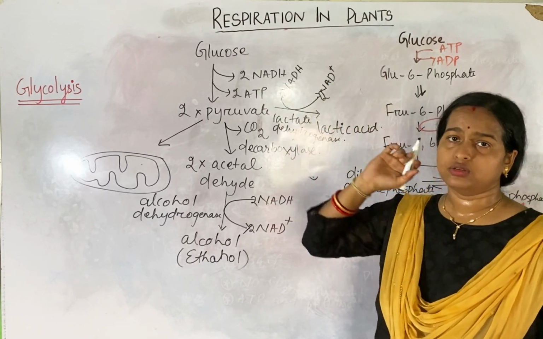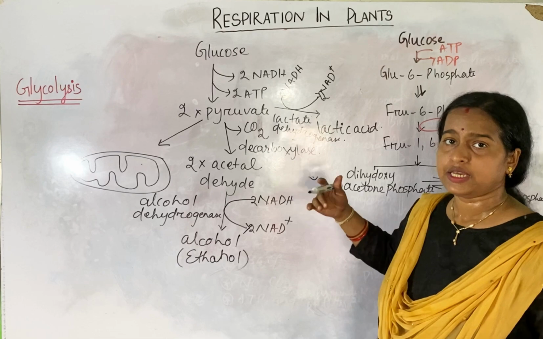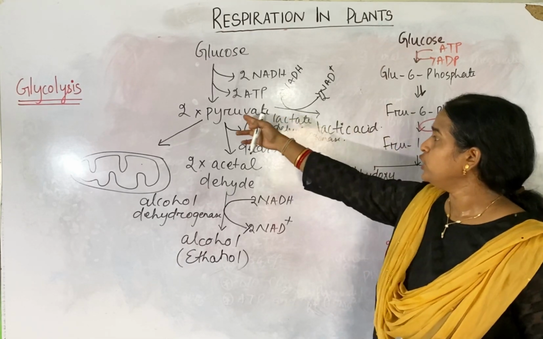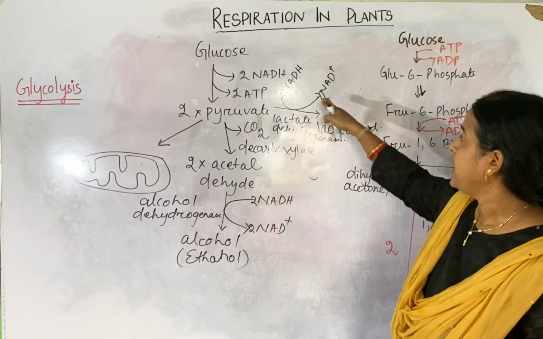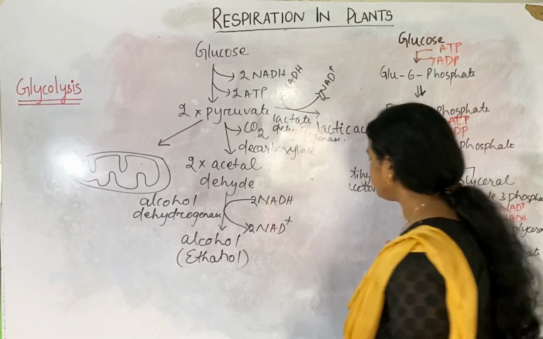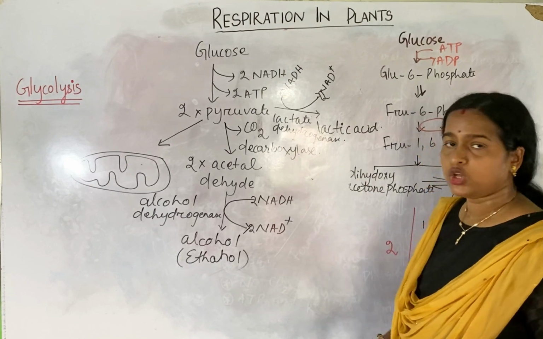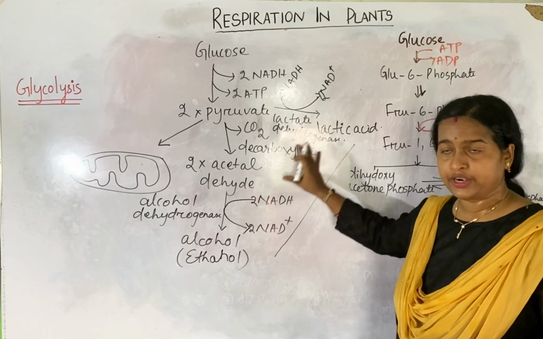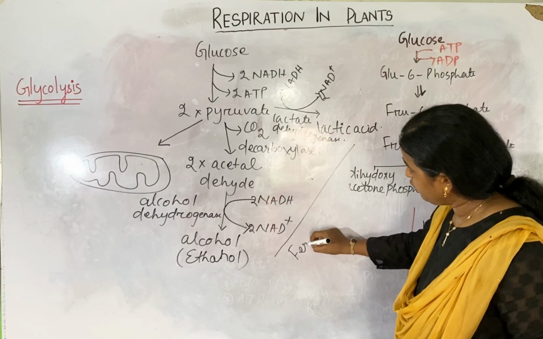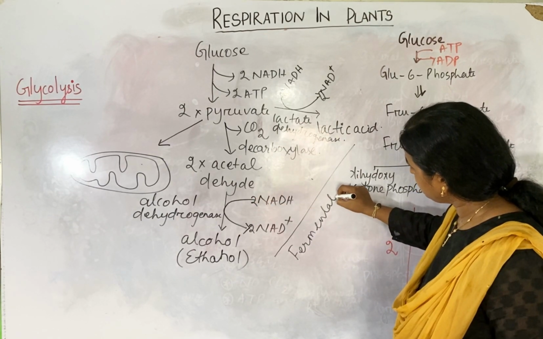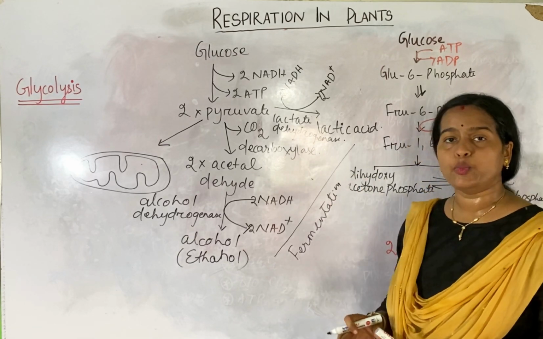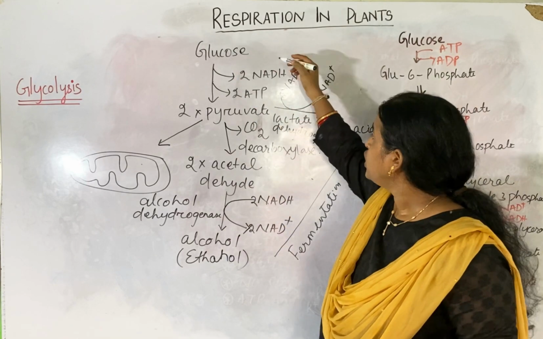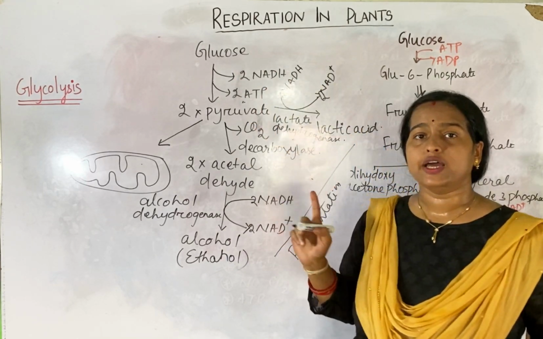And if the oxygen availability is less, when you are running or exercising, in the muscle cell it will get converted into lactic acid, and here also 2 NADH is used up. So these two reactions where the pyruvate has a different fate are called fermentation or anaerobic respiration.